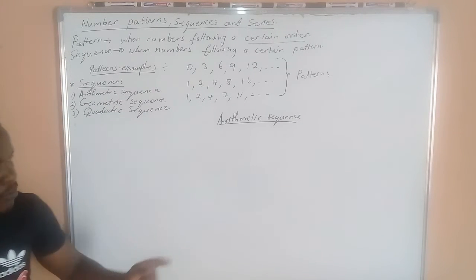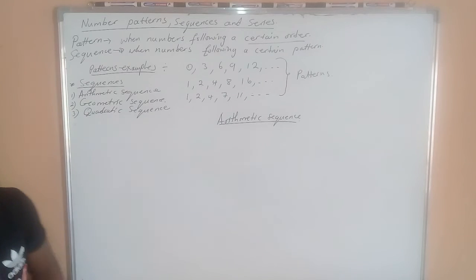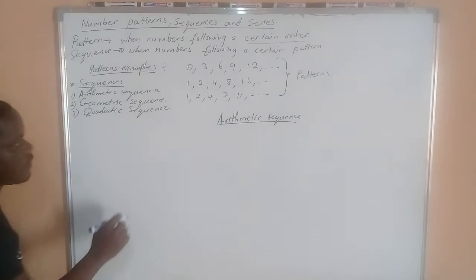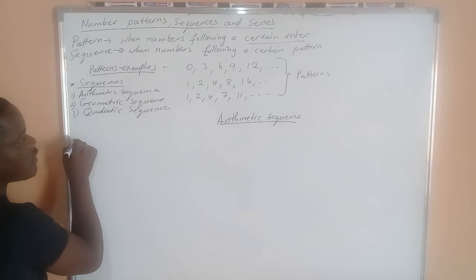Okay, so let's start with arithmetic. How do you know that this is an arithmetic sequence? It is simple. An arithmetic sequence is a pattern where there is a common difference between consecutive numbers, right? So let me define it this way.